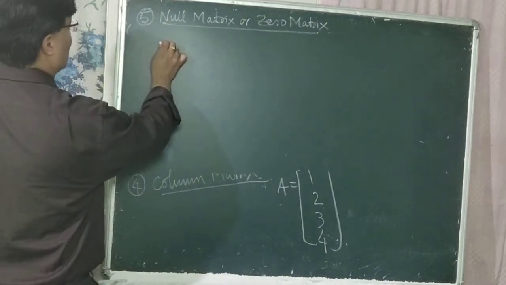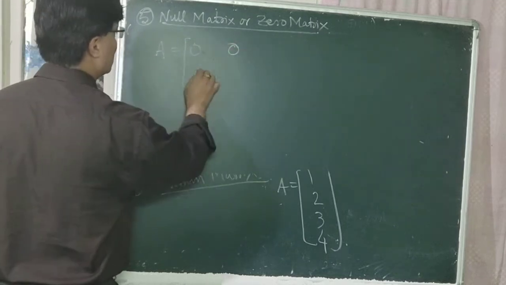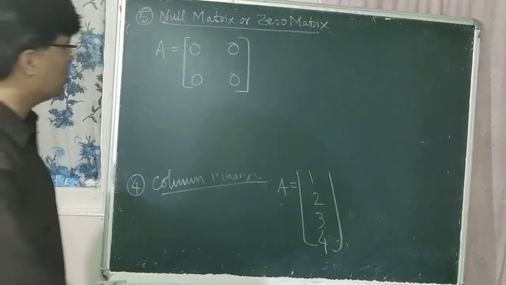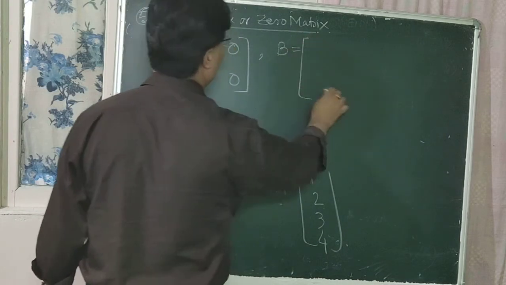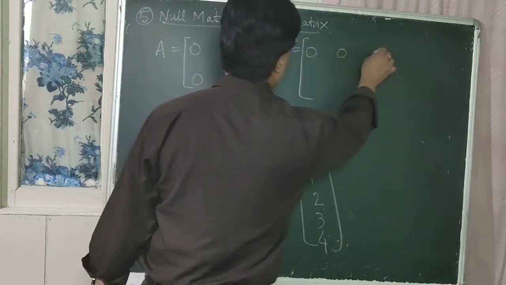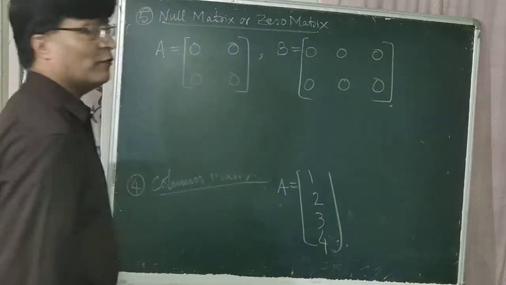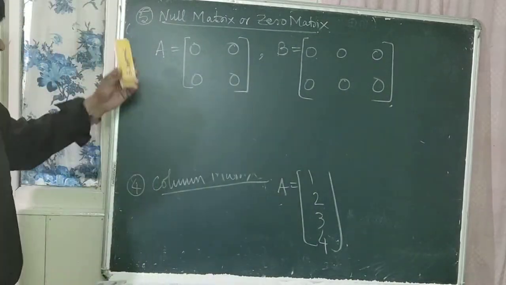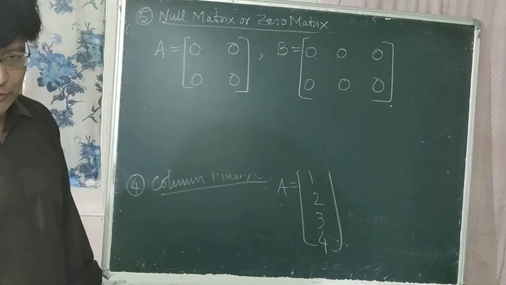Like A is equal to 0, 0, 0, 0. This is known as a null matrix because all the elements here are 0. Or it may be capital B is equal to 0, 0, 0, 0, 0, 0. So if all the elements of a given matrix are 0, then that matrix is known as a null matrix or zero matrix.